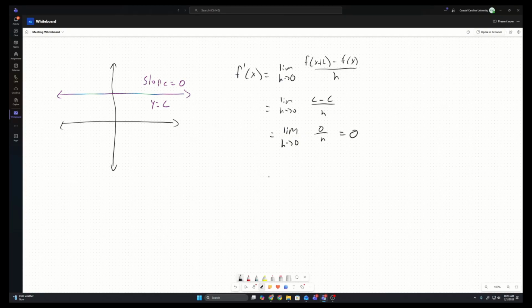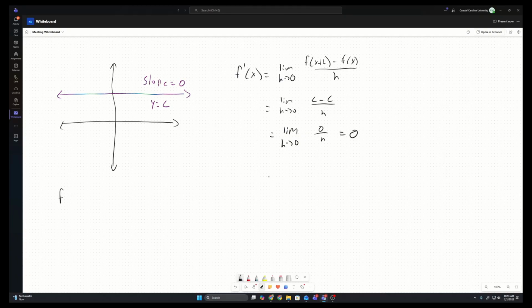Okay, so we can look at it two ways. We have the limit definition of the derivative, which is 2.8 logic, and we get this result. Or if we look at the line, it always has a slope of 0. So if I look at a tangent line, the slope has the same value. So the derivative d over dx of c is always 0.